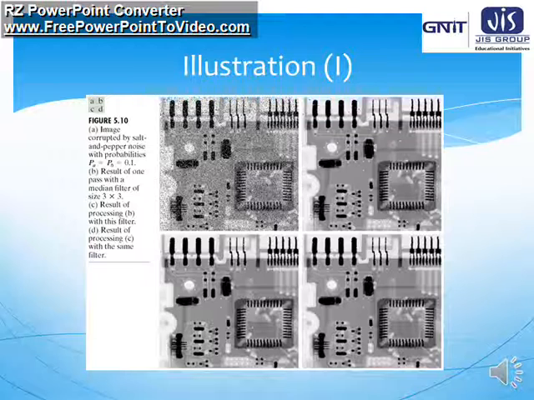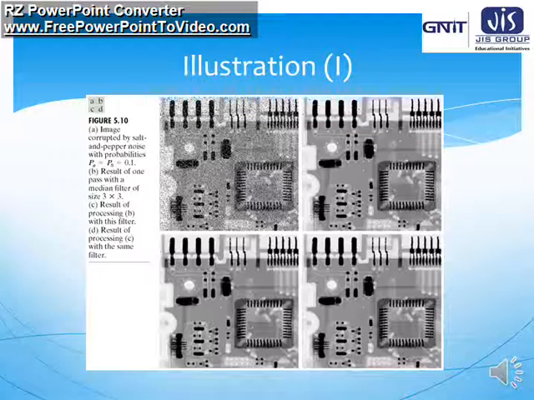That means initially image A has been given as the input image, and after using the median filter of size 3 cross 3 we get image B. Now if we use image B as the input and use the same median filter, we have the output C. And if we again use C as the input in the same median filter, of size 3 cross 3, we will have the output D. So after this 3 iteration process, we can see the quality of the image is much better.